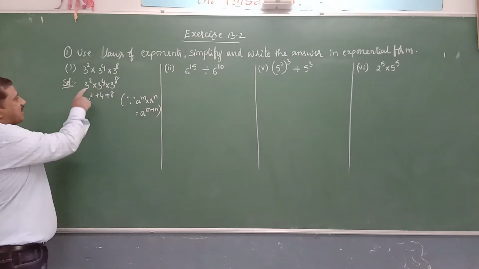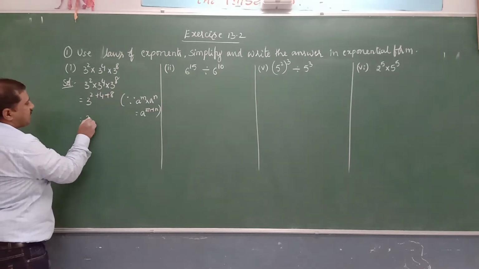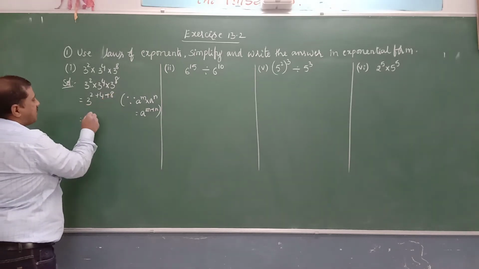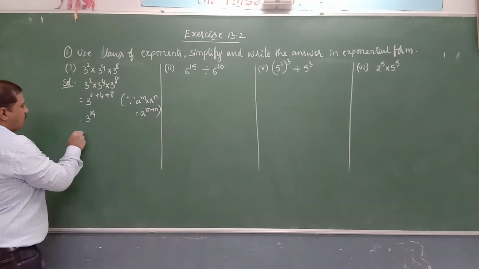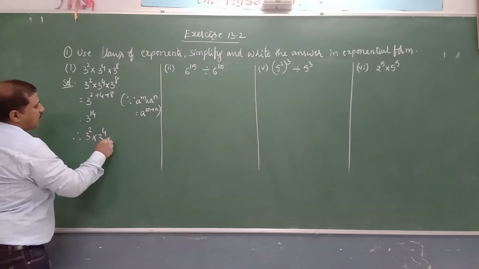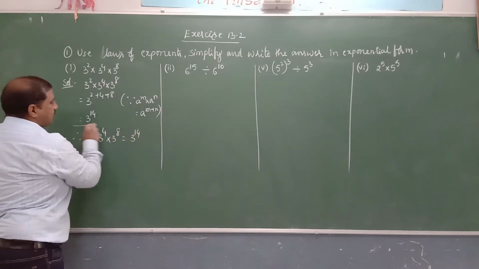Similarly, when we apply this, we get 2 plus 4 plus 8, that is equal to 3 to the power of 2 plus 4, 6, 6 plus 8, 14, that is 3 to the power of 14. Therefore, 3 square into 3 to the power of 4 into 3 to the power of 8 is equal to 3 to the power of 14.